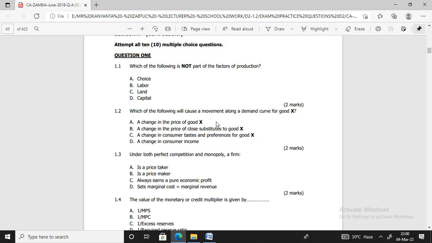So the only thing that is common between perfect competition and monopolies is that both of them will try to produce at the profit maximization level of output, where marginal cost equals marginal revenue. So the correct option for this question is option D.